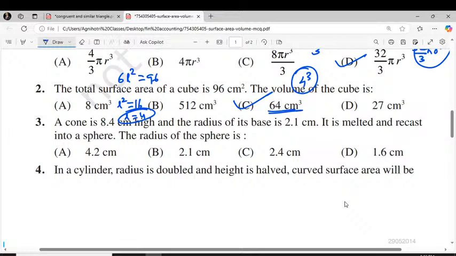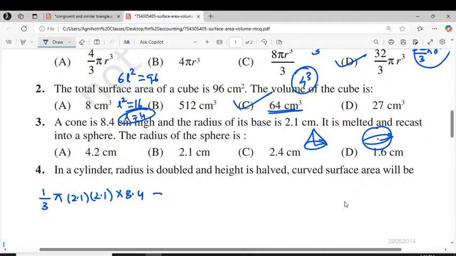Exactly, it is a conversion based question because you are converting your cone into a sphere. The volume will be the same here, isn't it? The volume of the cone you need to recall is 1 over 3 pi r square h, that means 2.1 into 2.1 into h, that is 8.4.